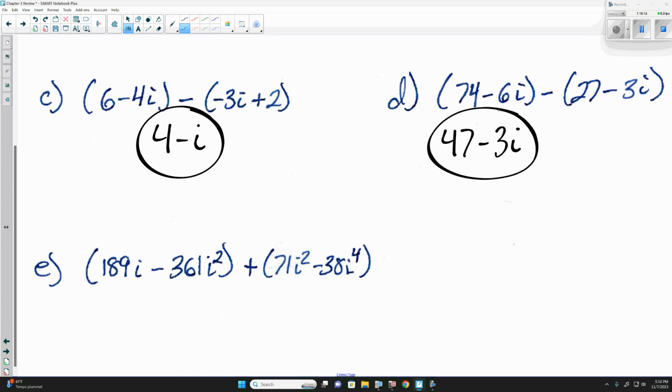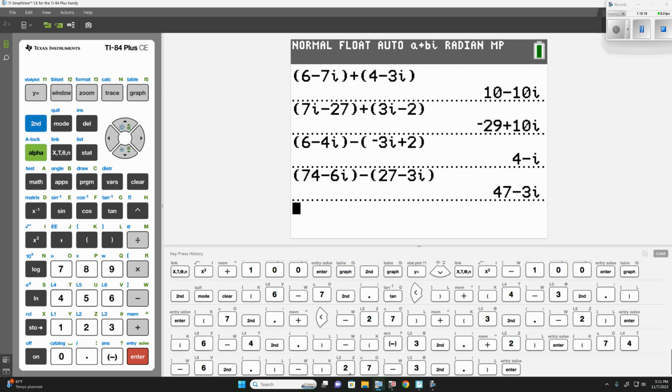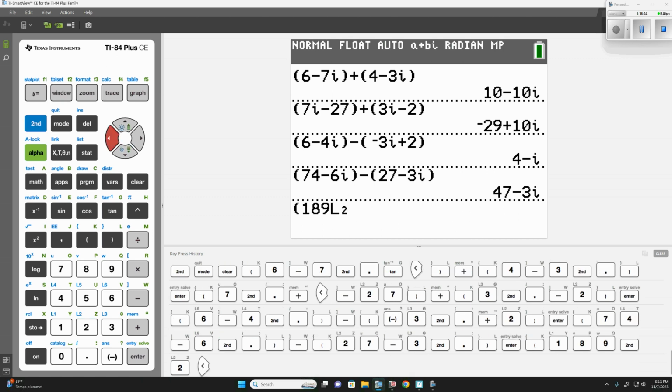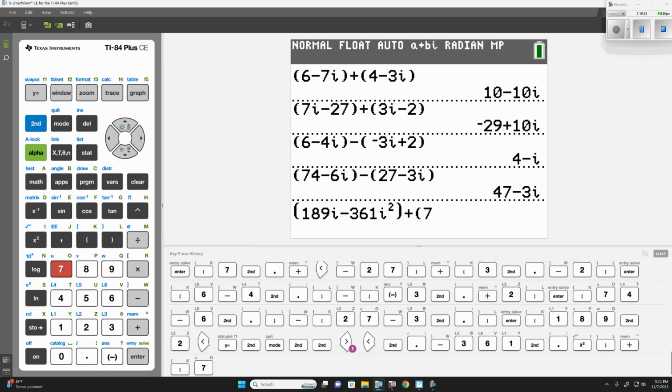So, if we type this one into the calculator, type it in exactly as you see it: 189 second i minus 361 second i squared, close parentheses, plus parentheses 71 second i squared minus 38 i to the 4th power.